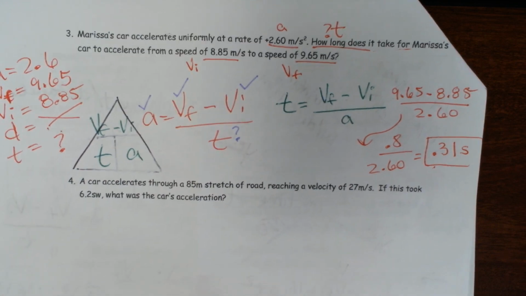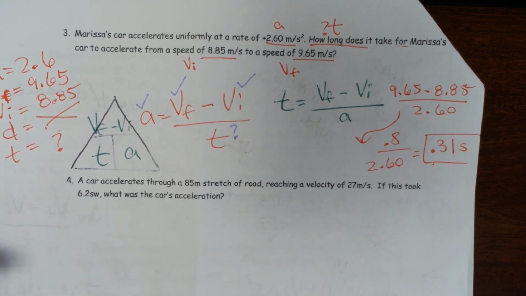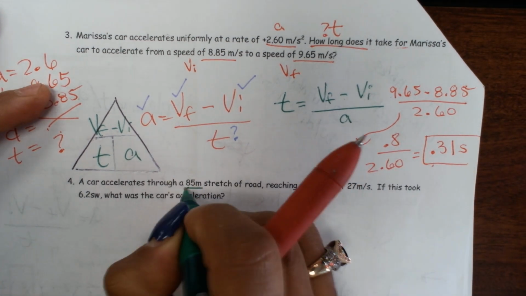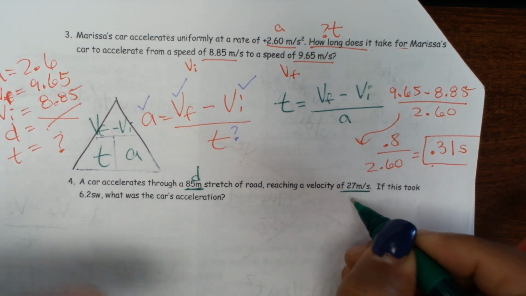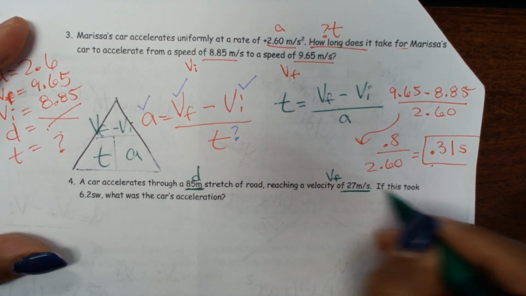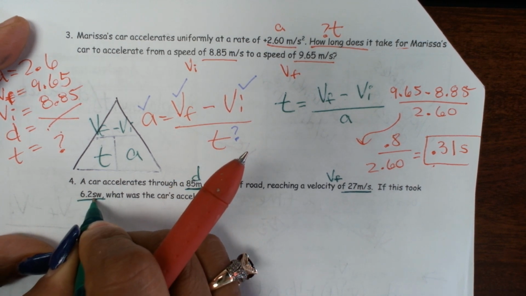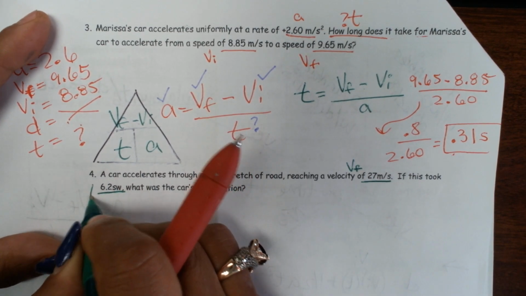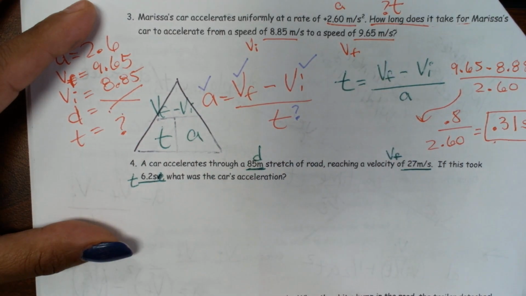Alrighty, let's practice again. A car accelerates through 85-meter stretch. Here's my distance. And it reaches a velocity, so if it's going to reach that velocity, that's the VF. And now it took 6.2 seconds, T, to get done. I'm not sure what that W is, forgive me.